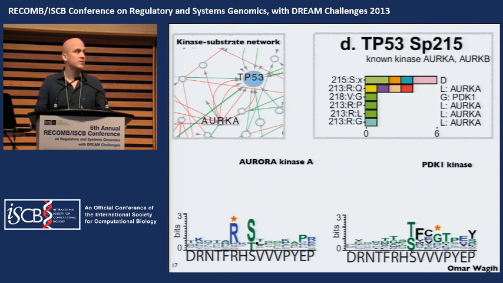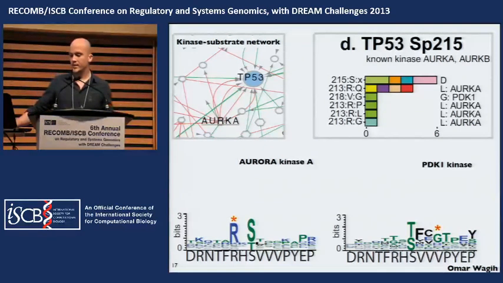We know that TP53 is a central tumor suppressor that is regulated by many kinases, including the Aurora kinase. You can see at the specific site 215, there is an Aurora binding site in which Aurora binds to this R residue here.